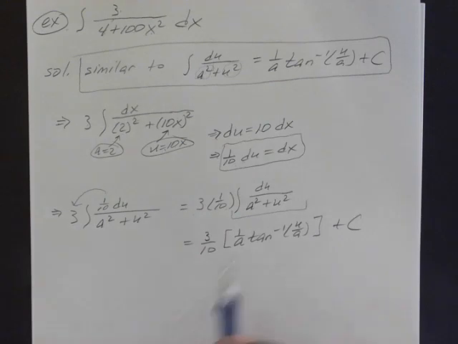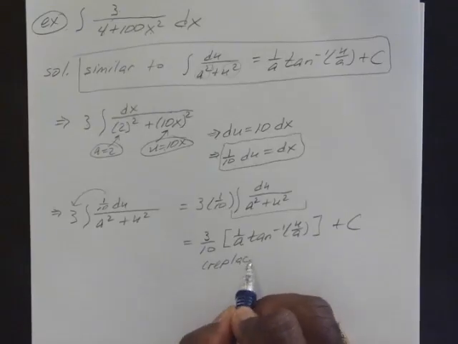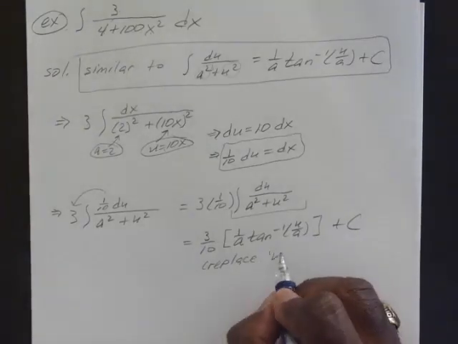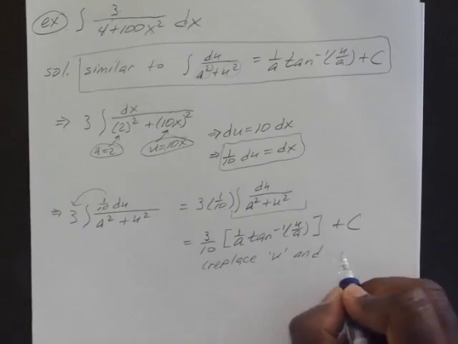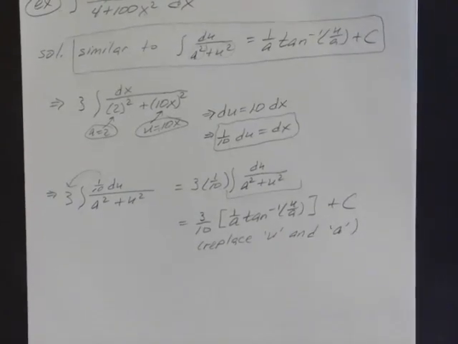Okay, so all we have to do now is replace u and a, and then simplify.